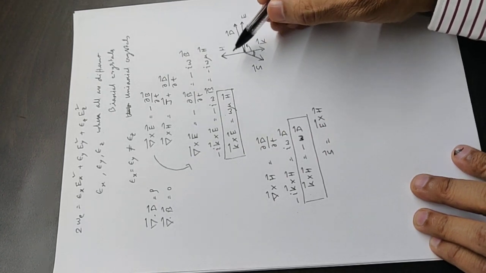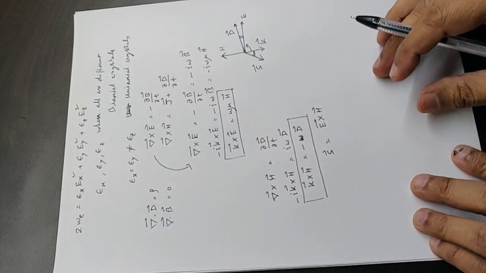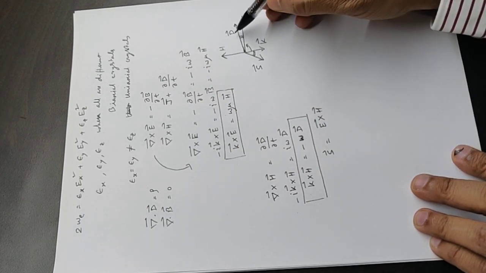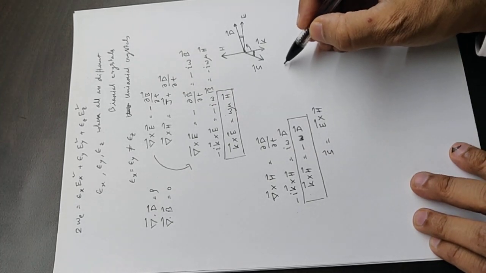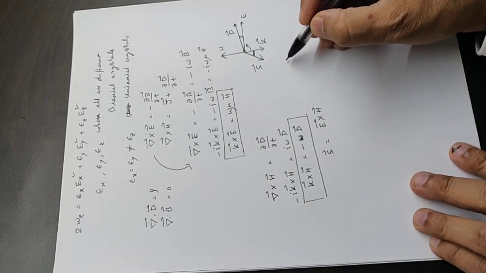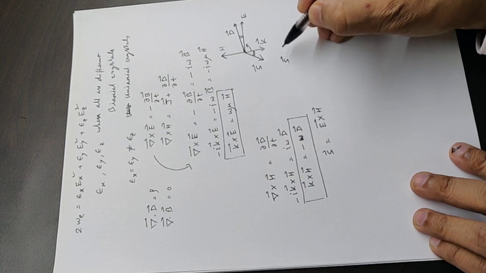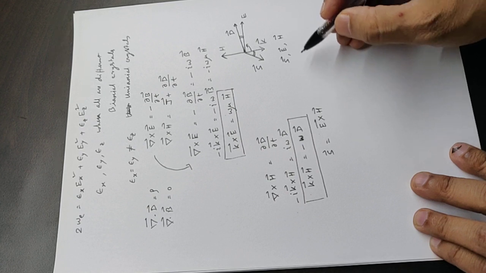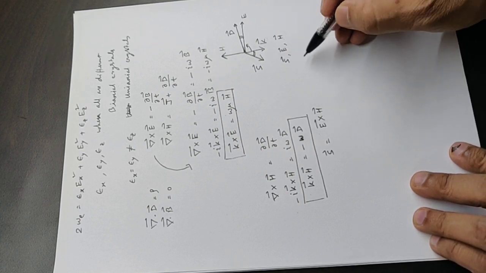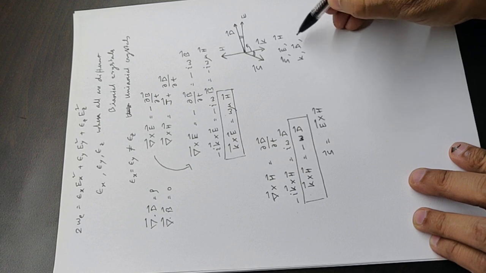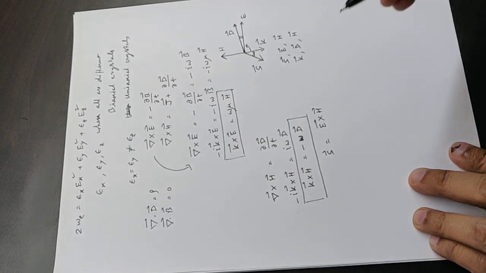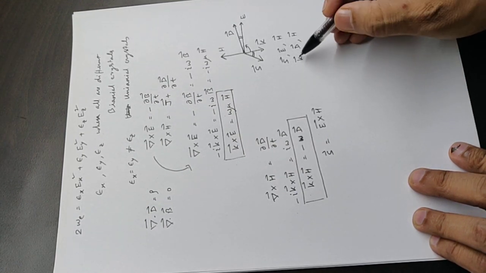K, D and H are also making a triad in which they are perpendicular to each other. So S, E and H are making a triad, and K, D and H are also making a triad.